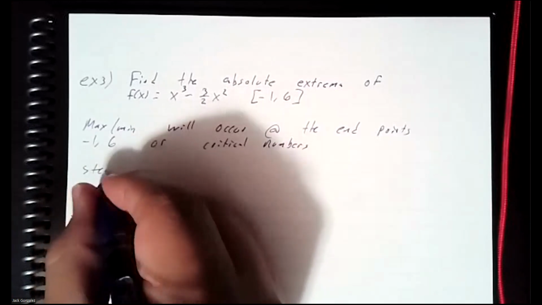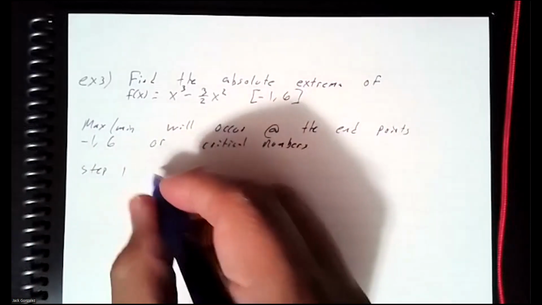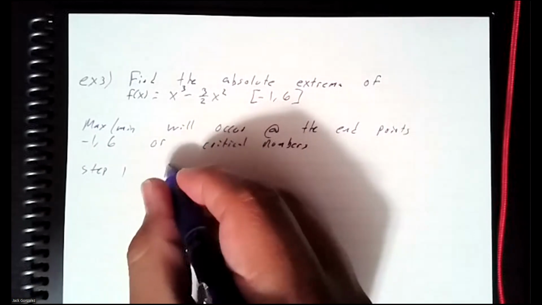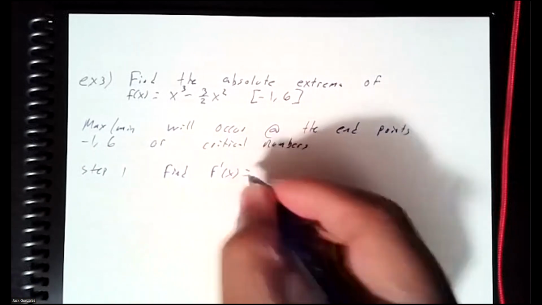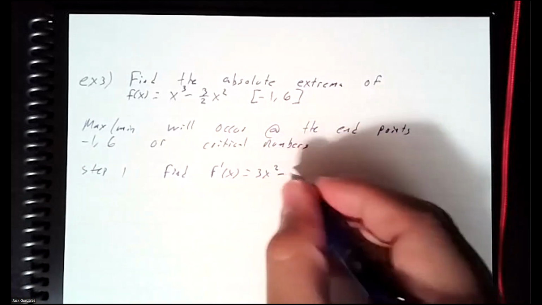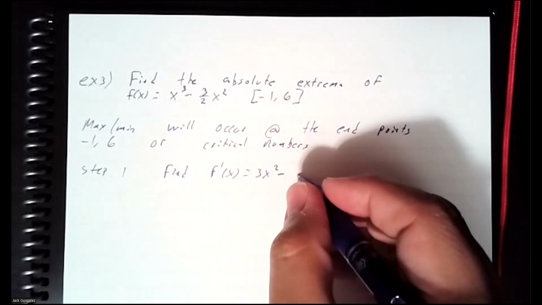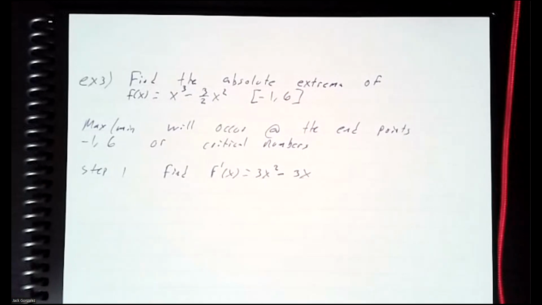So step 1, find the critical numbers by finding the derivative. So that would be 3x squared minus 3x, right?